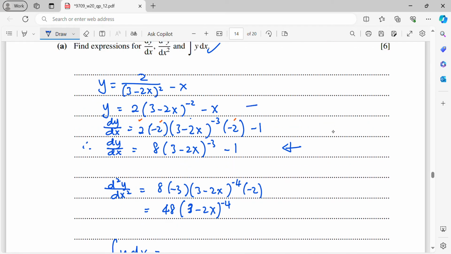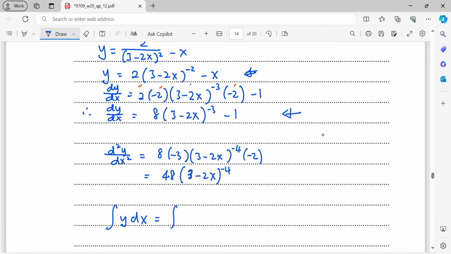Okay, now lastly, integrate. So again, when you integrate, we refer to this form of the y, whereby I have moved up the denominator. Now, when we integrate, our formula is the integral of (ax plus b) to the degree n dx.